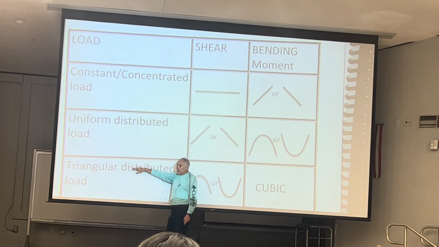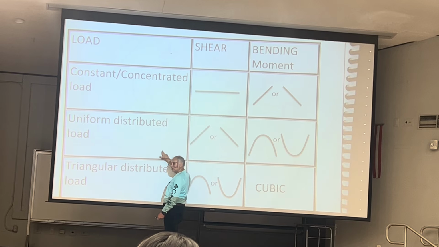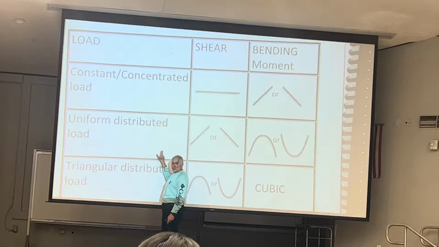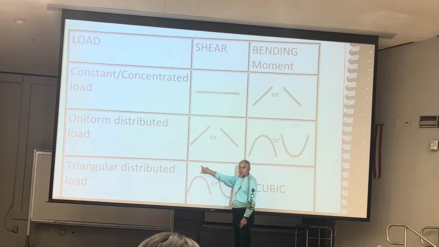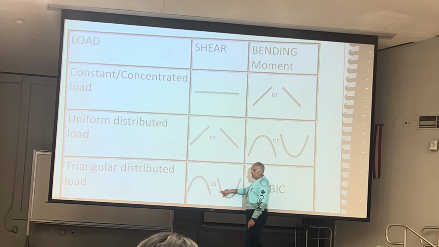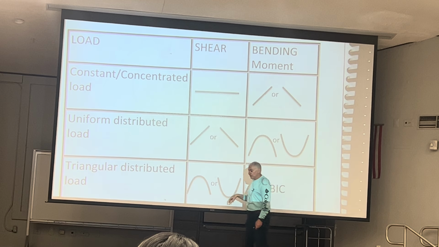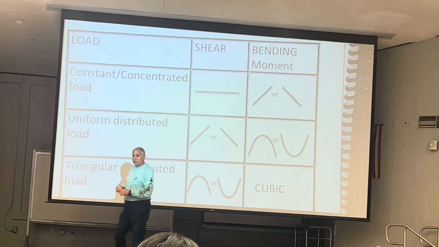If I have a triangular load, that means I have a linear force intensity. Integrate that, becomes a parabola. Integrate a parabola, becomes a cubic. They're all integrals of each other.